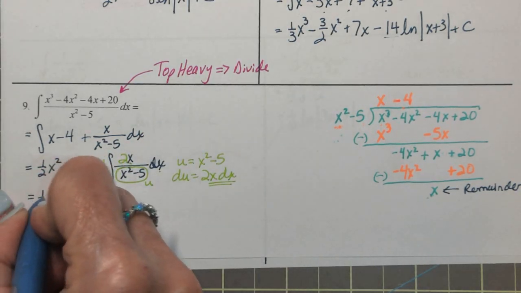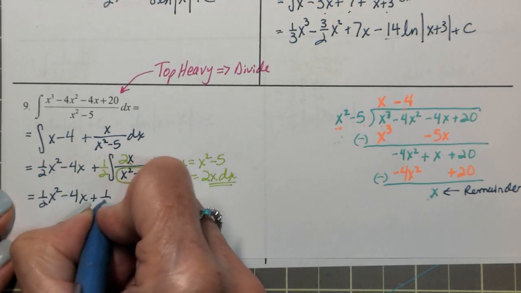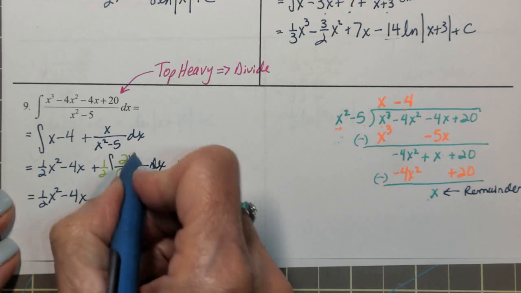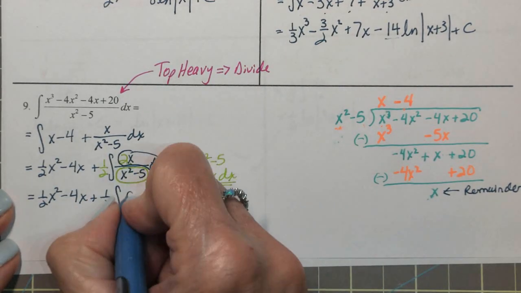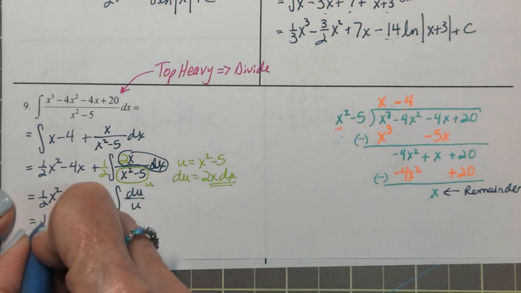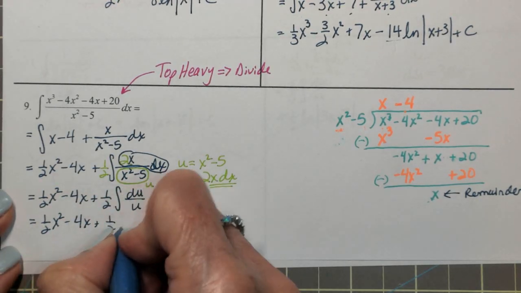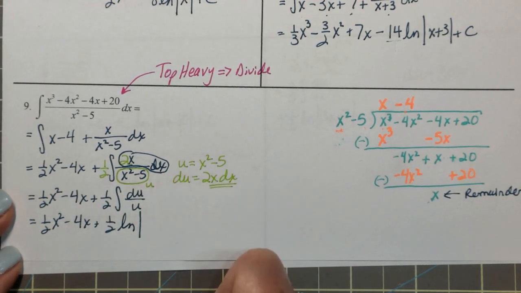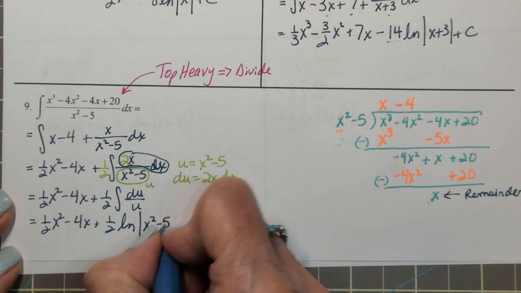So we have 1/2 integral u prime du over u. So that is our natural log in the back there. 1/2 ln absolute value of u, where u is this x squared minus 5.